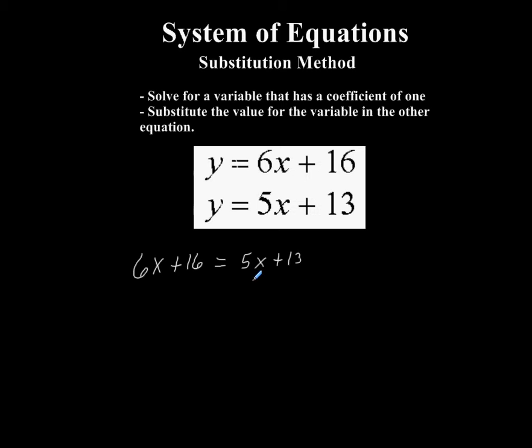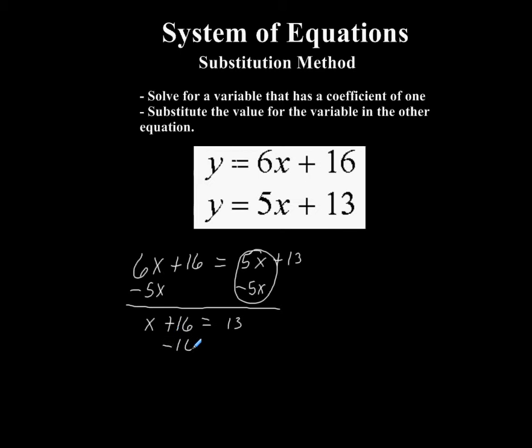Alright. Now, the next step is to solve for x. First thing you want to do is combine your variables. Just like this. This would cancel. This would become just x, or 1x, plus 16 is equal to 13.